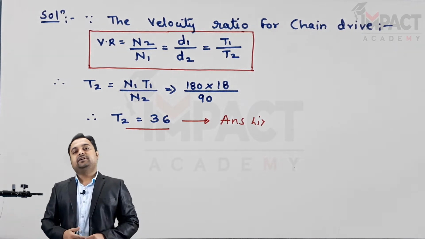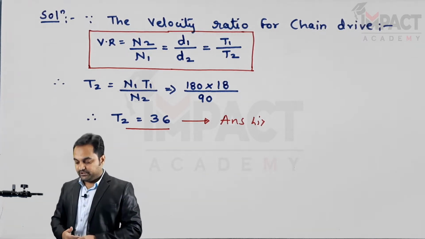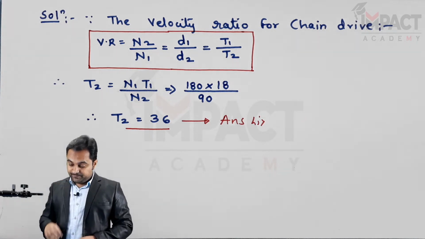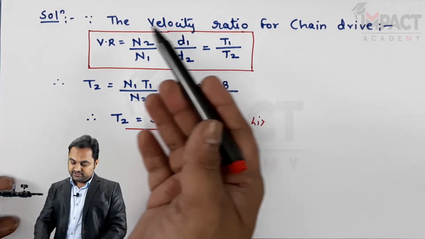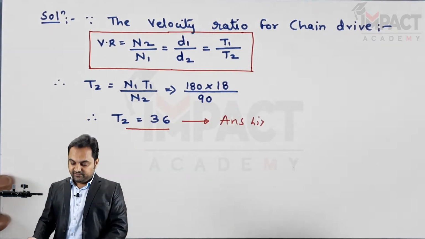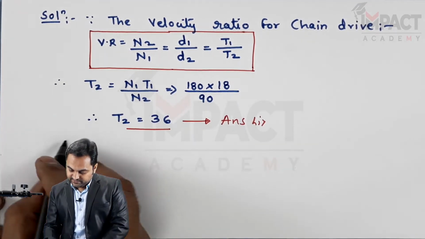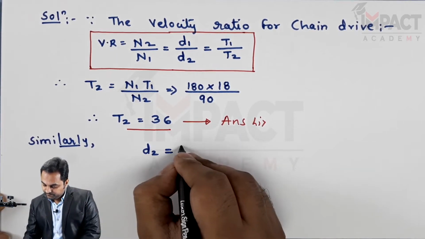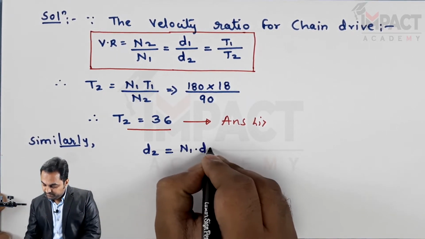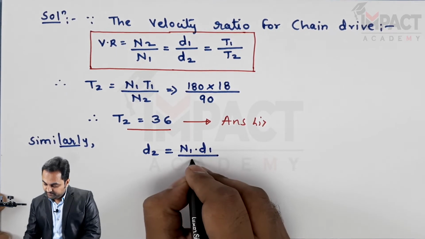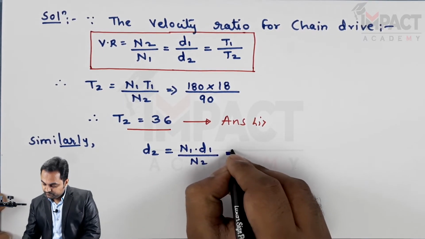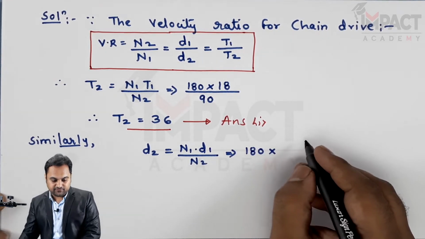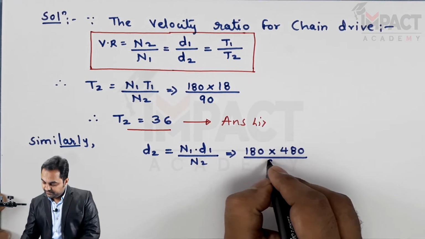Then after getting the number of teeth on the driven sprocket, I'll go for the calculation of the diameter of the driven sprocket, and for that also I can use this same velocity ratio formula because D1 is given to us. So similarly D2 will be equal to N1 into D1 divided by N2. So it is 180 into D1 is given as 480, N2 is 90.